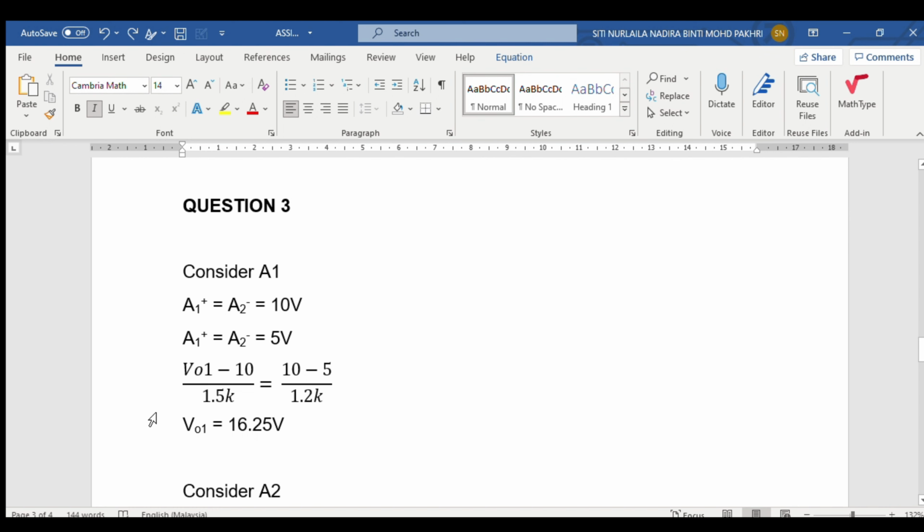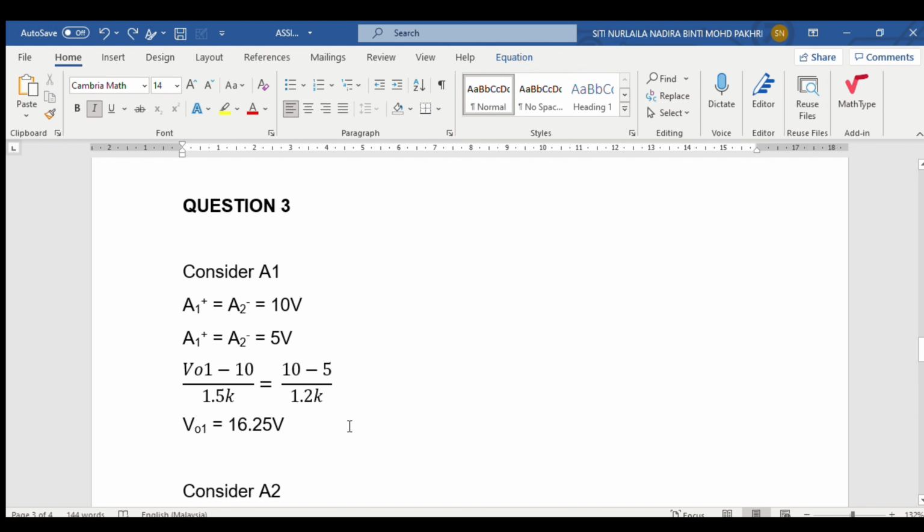So we can find the value for V01 from this equation: V01 minus 10 volt over 1.5k equals 10 volt minus 5 volt over 1.2k. And the value for V01 is equal to 16.25 volt.